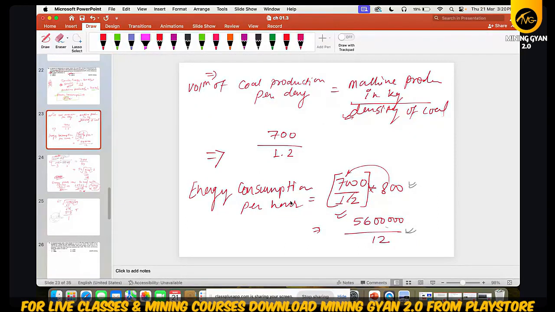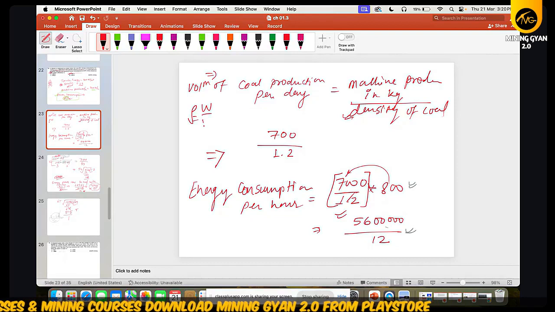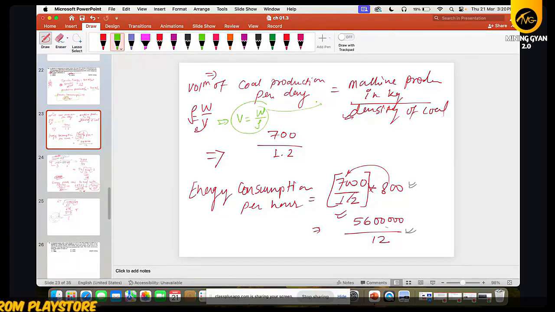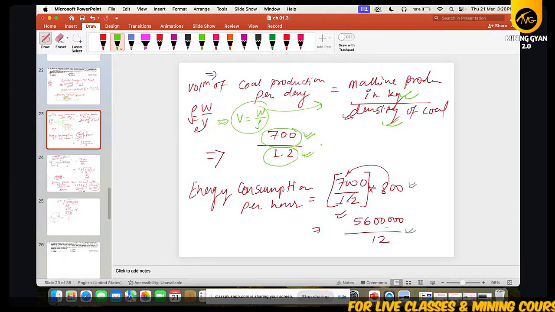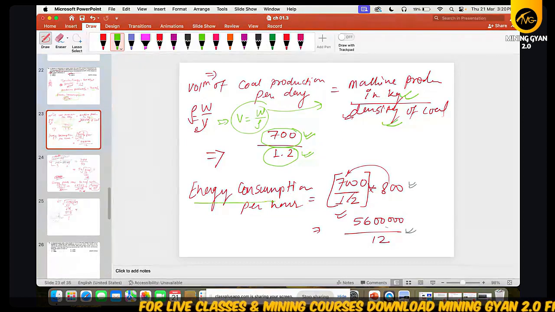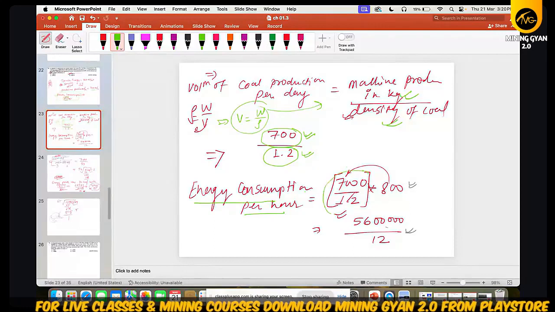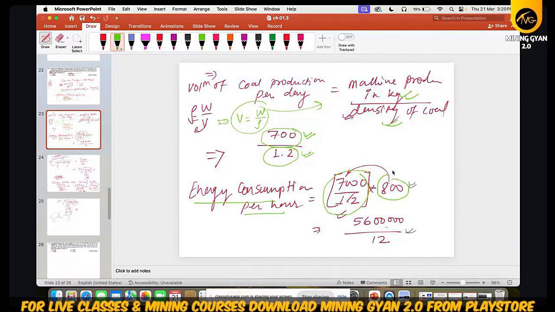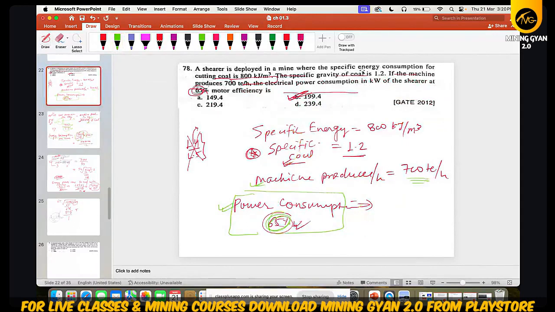So we know how to calculate the volume of coal. Volume is not density. Density equals weight by volume, so volume will be weight by density. So it is machine weight by density: machine weight will be 700 and the density will be 1.2. Now we can calculate the energy consumption per hour: volume multiplied by the specific energy.